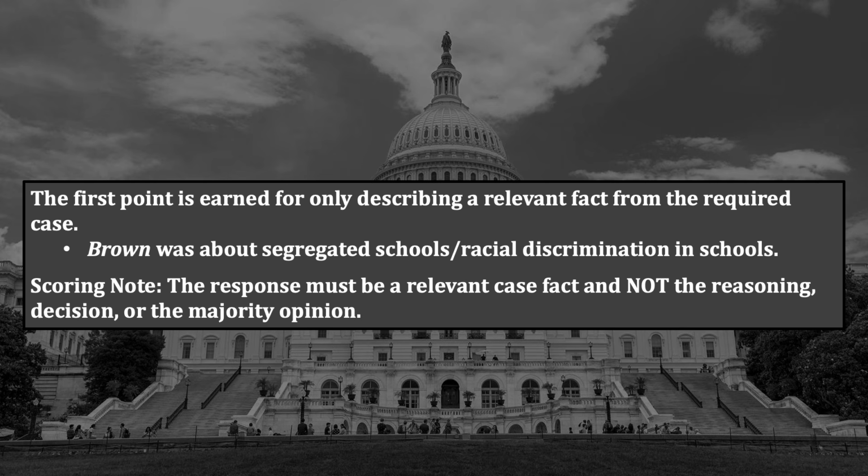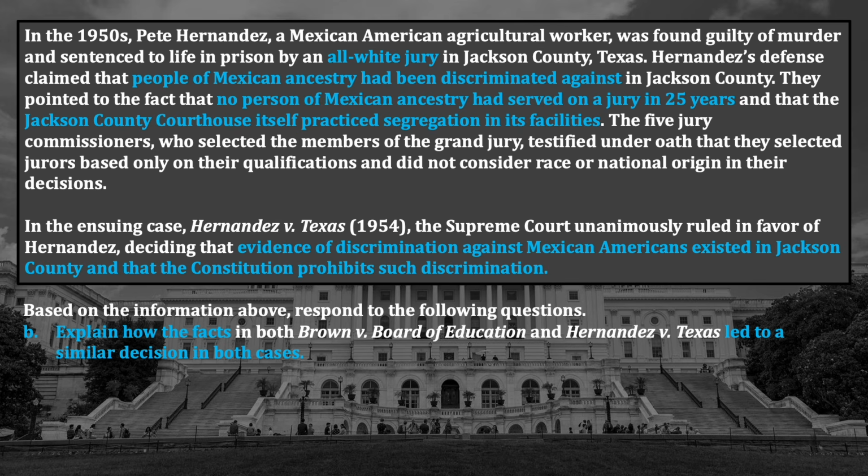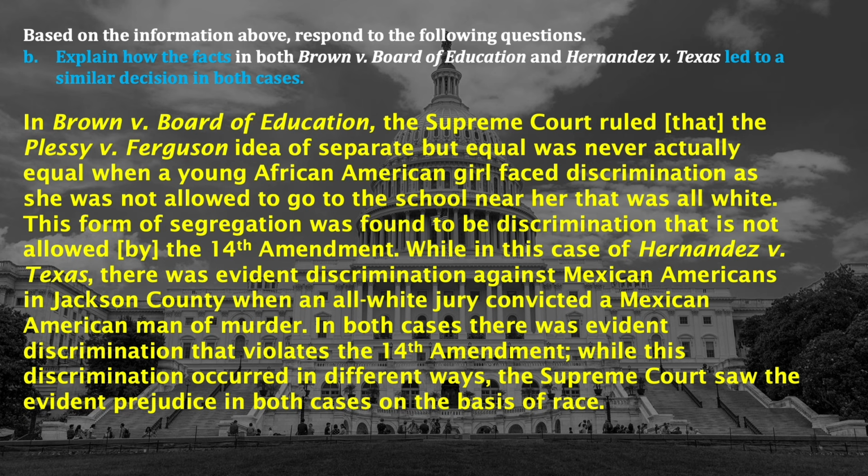Next in Part B, you're told to explain how the facts in each case led to a similar decision. Both of these cases involve discrimination against a minority group, preventing them from attending certain schools or from serving on juries. Both cases used the Equal Protection Clause to overturn the existing policy, segregated schools in Brown or jury discrimination in Hernandez.